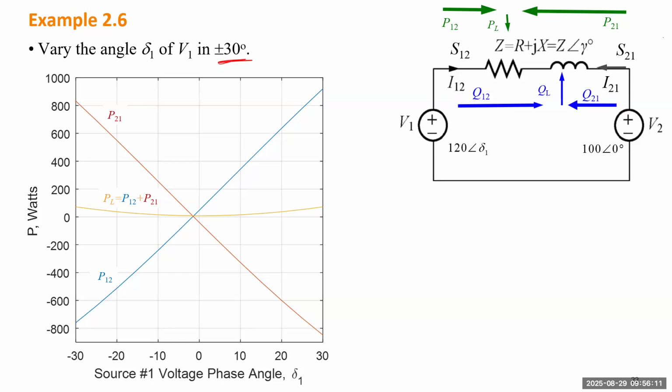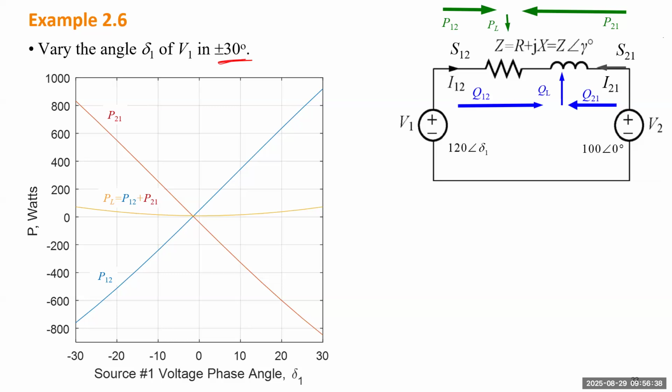But if delta 1 is lower than delta 2, the active power will become negative. At a certain point near 0, which is about the same angle, the active power will become about 0.